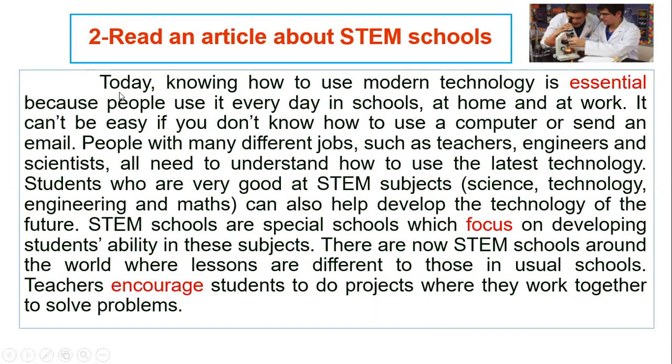This is the article. Now, I want you to look at your book, page 18, and follow me while listening to the text. انظر للنص, page 18, and follow me وتابعني while reading. Okay?